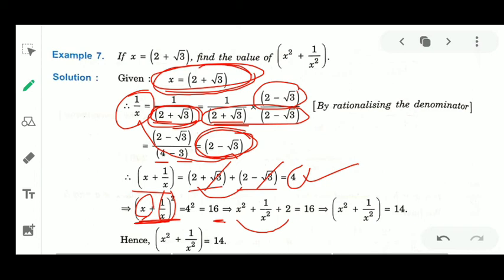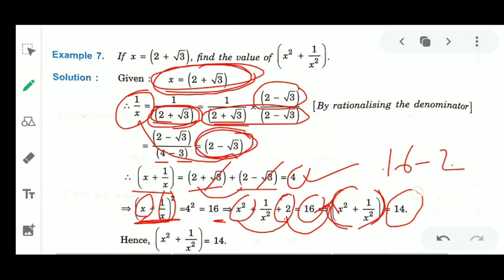We already know the value is given. Now x squared plus 1 by x squared on the left side, and if you bring positive 2 from the left hand side to the right hand side, then it will become 16 minus 2. 16 minus 2 gives us 14.